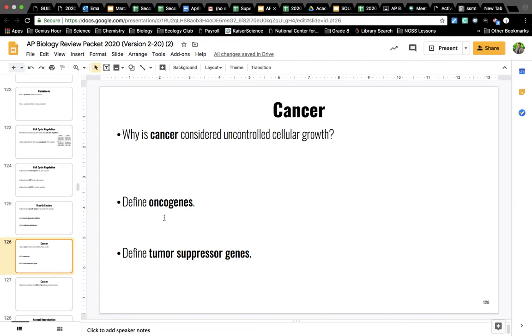These are genes that promote continued growth. They don't get shut off, and promote cell division. These are genes that promote concentrations of cyclins and kinases that promote the cell cycle. So if these things get mutated or changed, then they don't shut off, and they do exactly the opposite of what they're supposed to do.